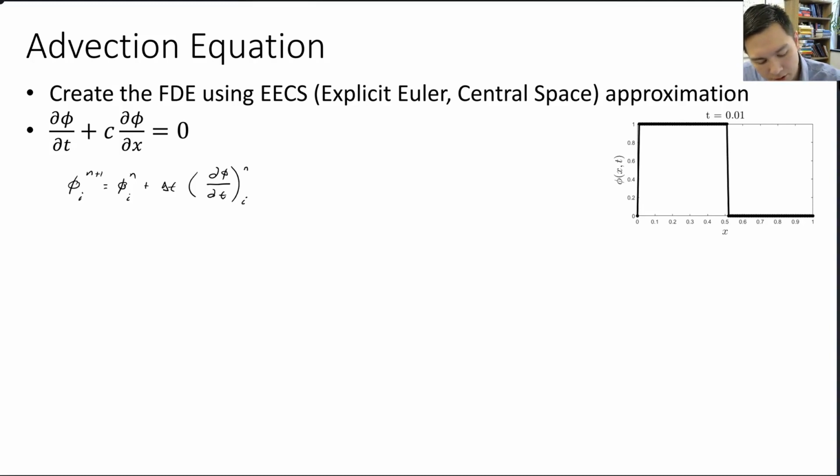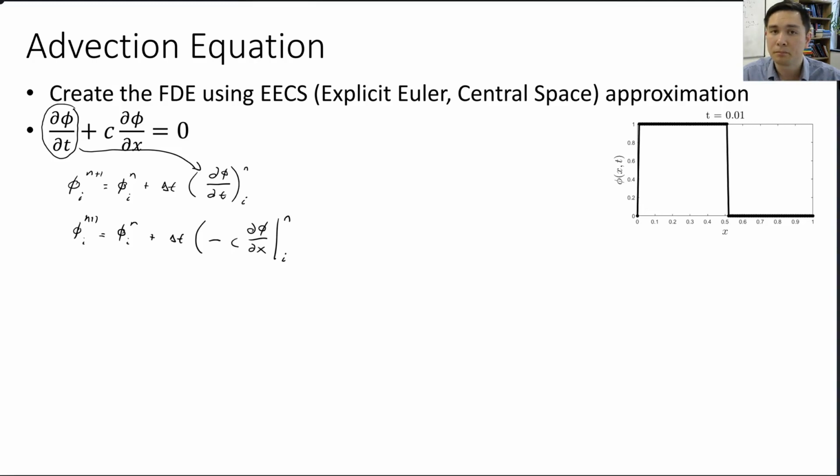So this d phi dt goes in here, which means we can make the substitution that phi I n plus 1 is equal to phi I n plus delta t times minus c d phi dx evaluated at spatial index I and time index n.